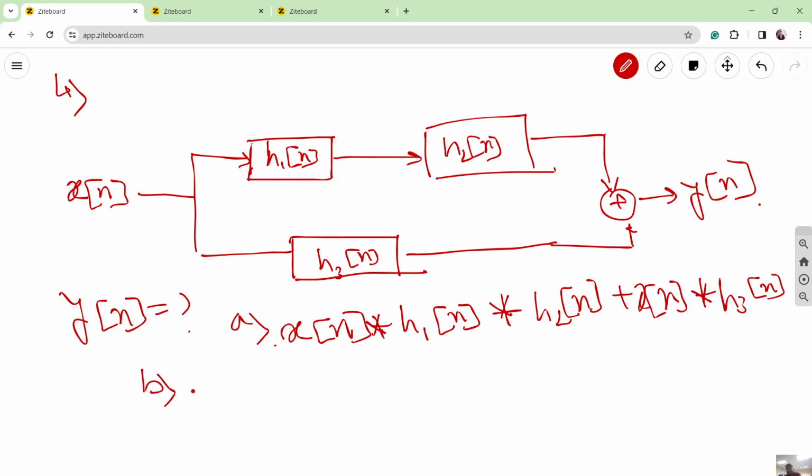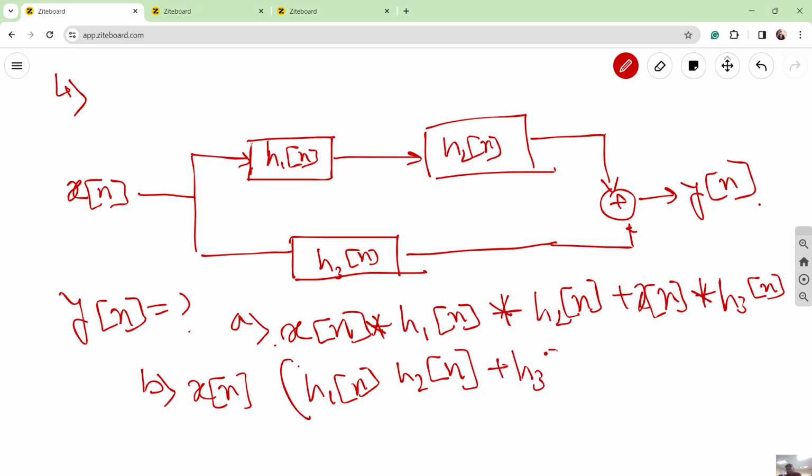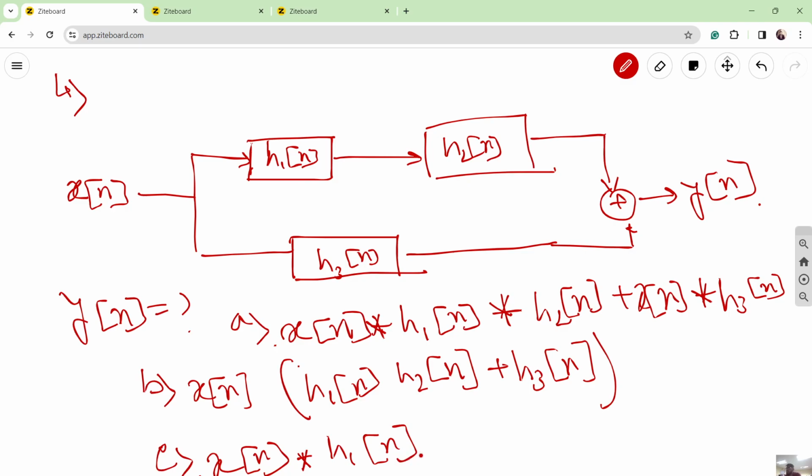Option B is x of n, h1 of n, h2 of n plus h3 of n. Option C is x of n convolution h1 of n convolution of h2 of n convolution of h3 of n.